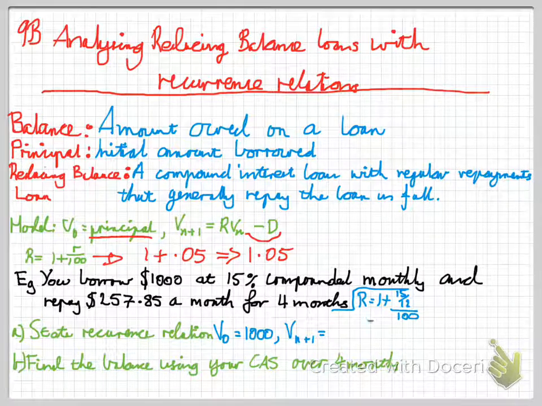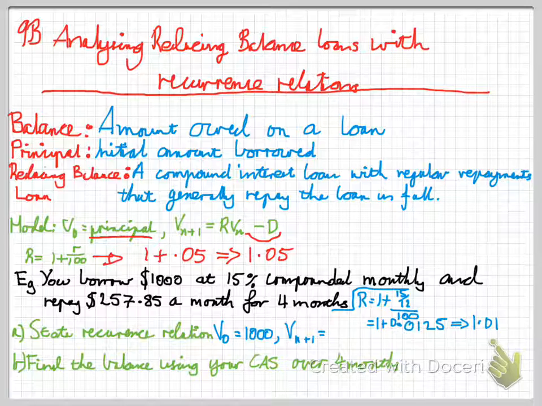Alright, so if we divide that, we get a figure of 1 plus 0.0125. Alright, so our R value is going to be 1.0125. That's 15% divided by 12, and then that figure's over 100. So continuing with our recurrence relation.